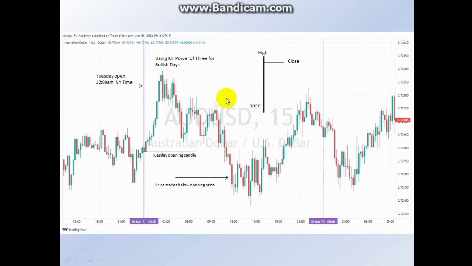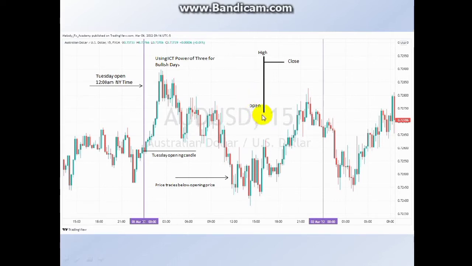Now applying the power of 3 to it, we are only going to be hunting for our buy entries close to the opening candle of that day or below it. In other words, we are not looking to buy above the opening of the candles of that particular day.